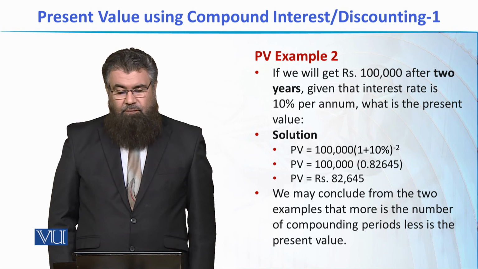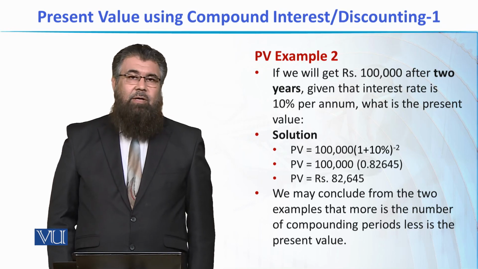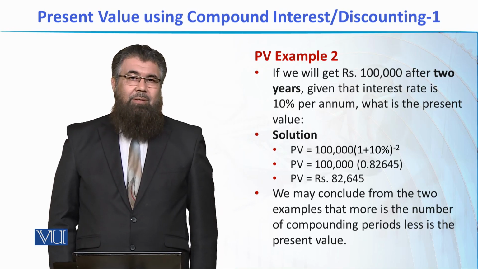We may conclude from the two examples that the more the number of compounding periods, the less the present value. So this is one general rule.